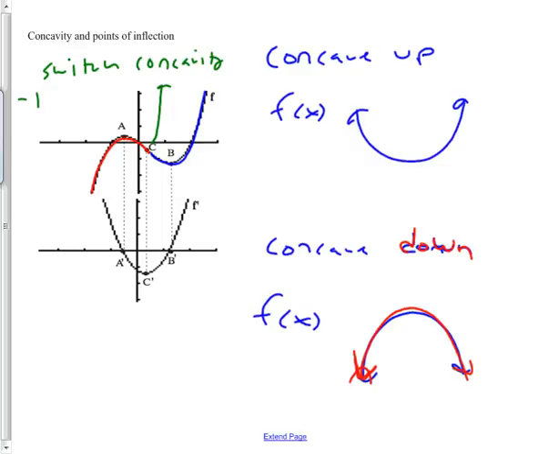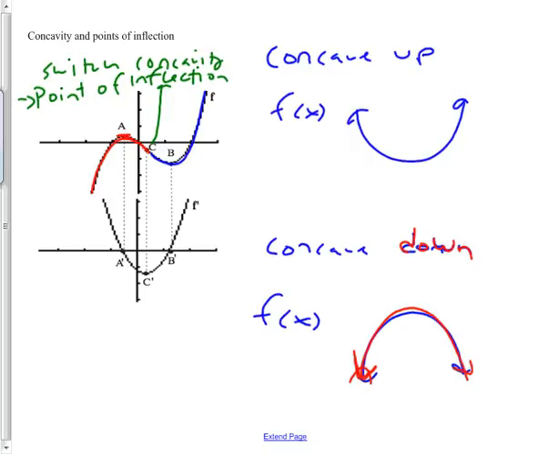And where we switch concavity is called the point of inflection. That's where we switch concavity. And wherever you switch concavity, if you think about the derivatives or the slopes, right at A, we've got a slope of 0.